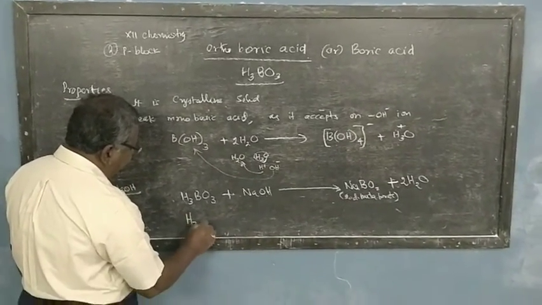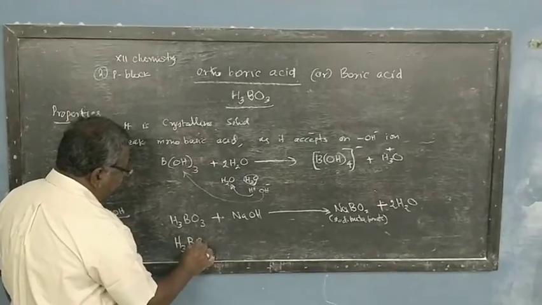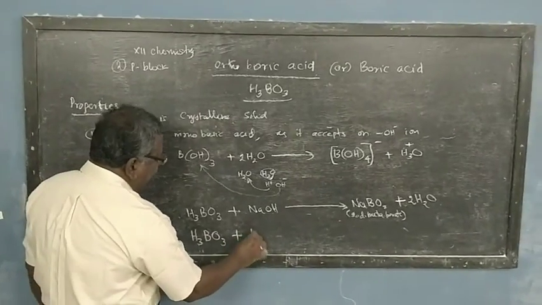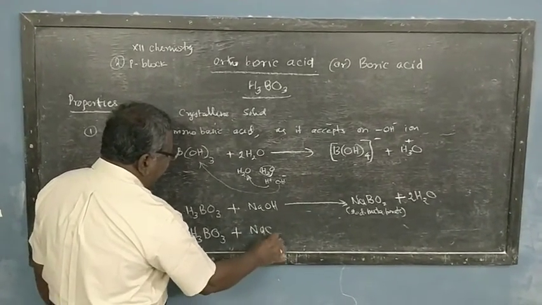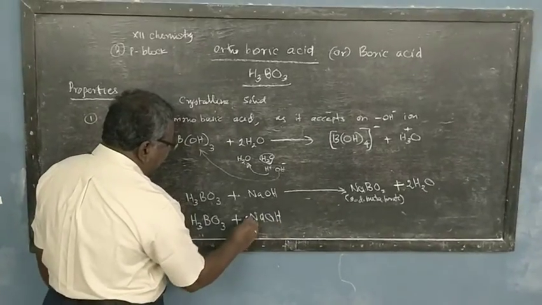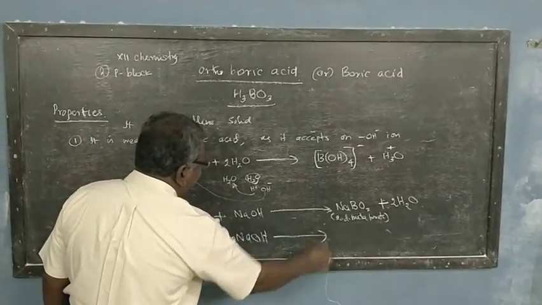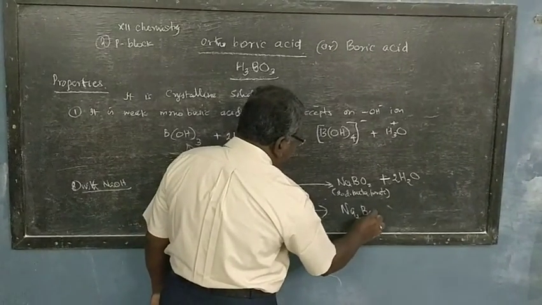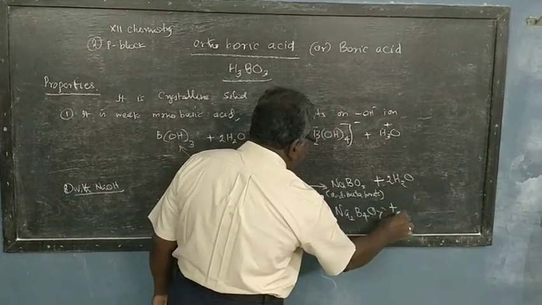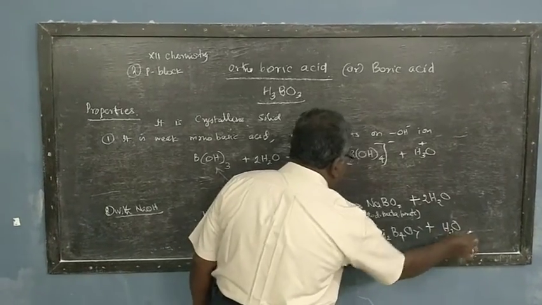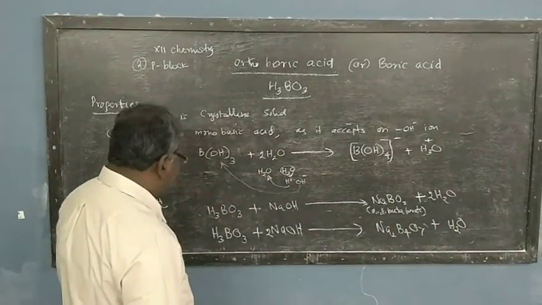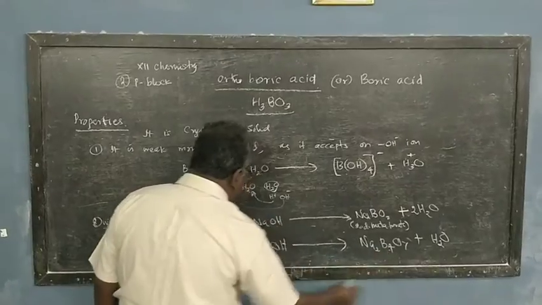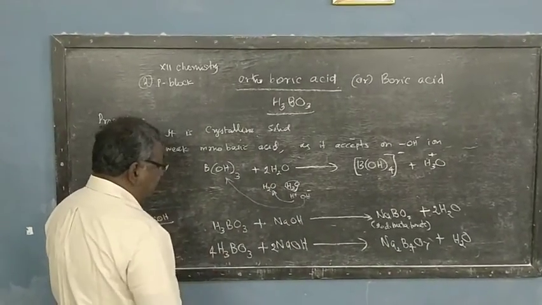And the same boric acid will react with excess of sodium hydroxide and it forms sodium tetraborate, that is borax. Along with that it forms water molecules. Now you got to multiply this by 4, right?